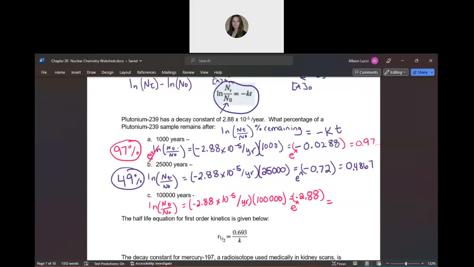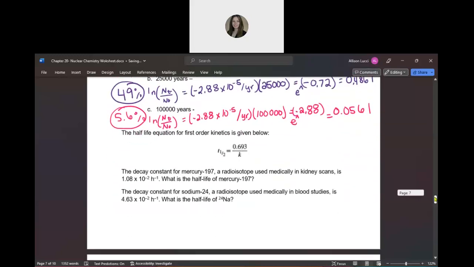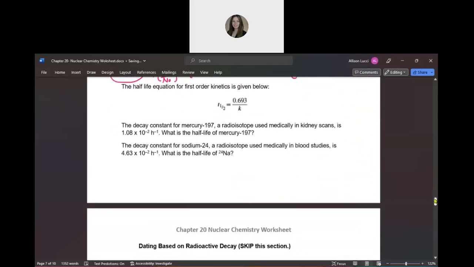And we find that we get a decimal of 0.0561. And we multiply that by 100, and we see that only 5.6% remain of our plutonium-239 after 100,000 years. So quite a bit of time has passed, and there's still some of this parent nuclide, this plutonium-239 isotope remaining. Remember how to do that for your homework or for the exam coming up.